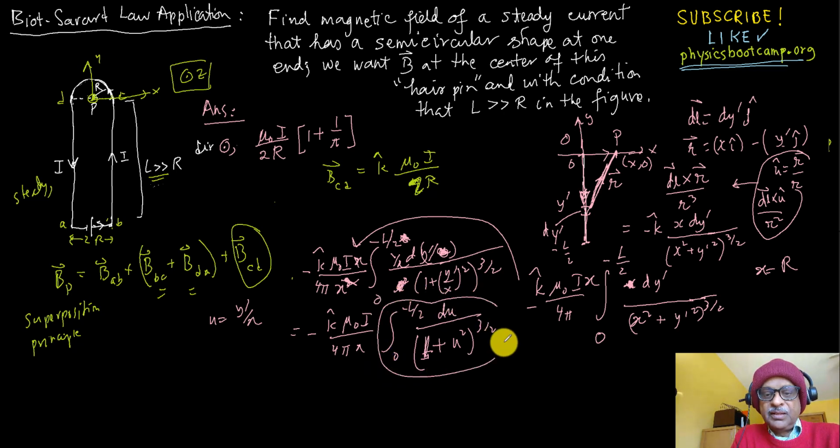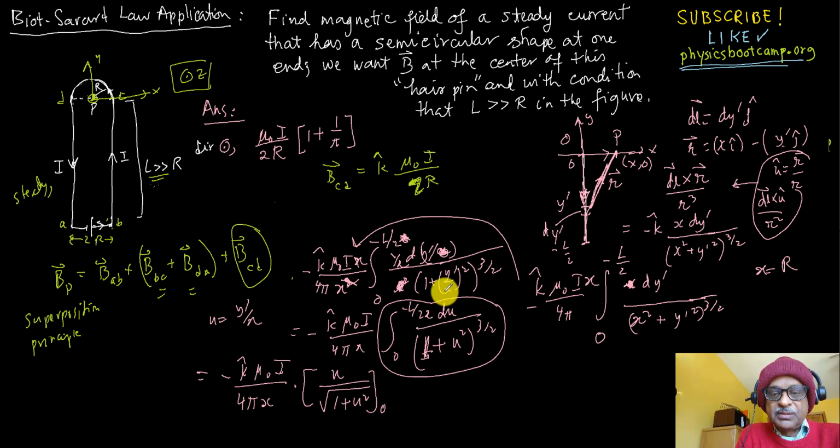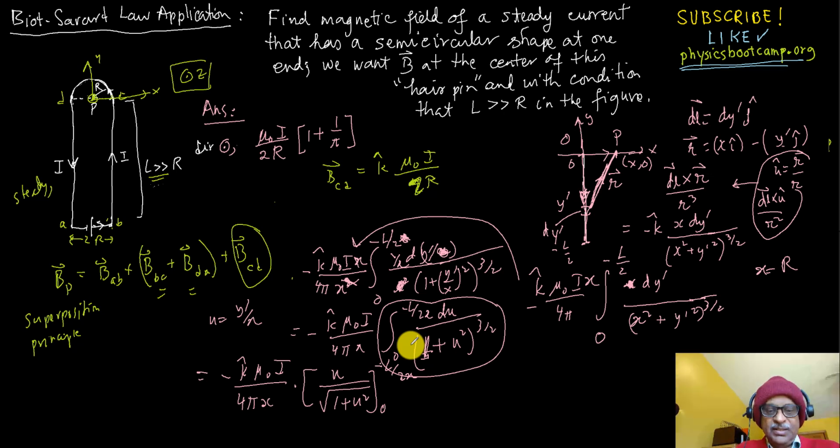And this integration is easy to do. Minus k hat mu naught I over 4 pi x, and it's going to be u over square root of 1 plus u square, and this is 2 over x, minus L over 2 over x. Okay, let's see what we have here.